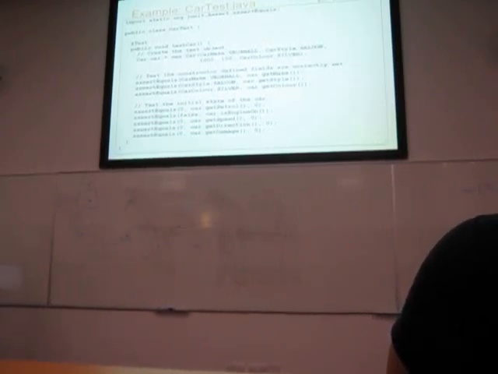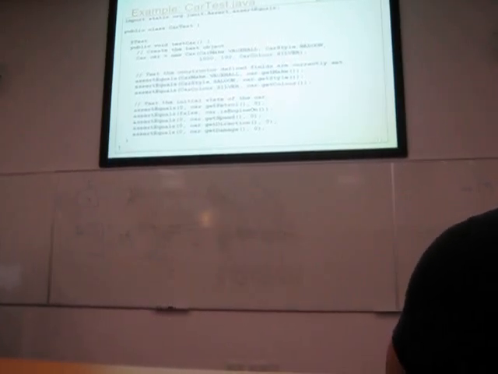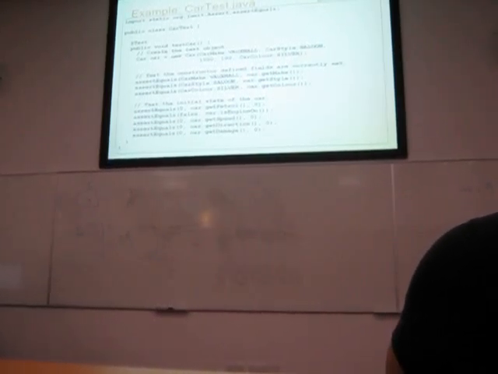This is a constructor test. It tests the constructor with some parameters, and then underneath it there is a bunch of assert equals to say whether the data in the object has been set correctly. Now, all of those things down there depend on what you've got in your class.